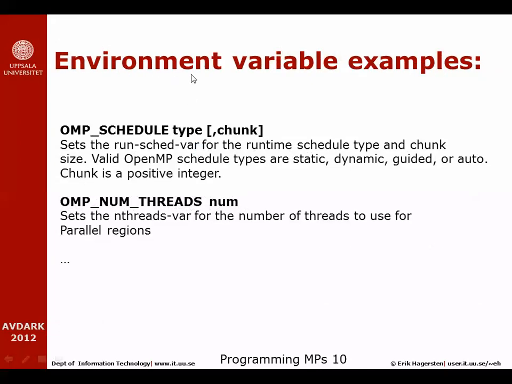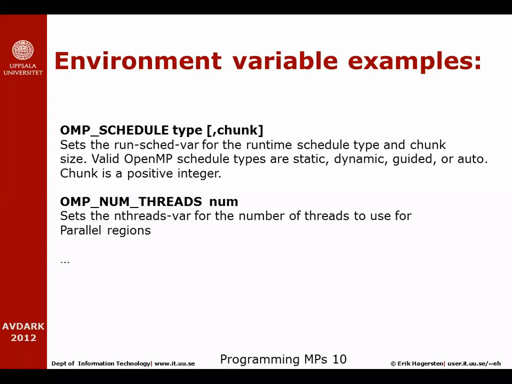There are also some environment variables in OpenMP. So for example, I said that there could be up to n threads created. The exact number of threads that would be created, unless it's specified in the program, is actually controlled by this environment variable. So this is something that you can set in the shell, Linux or Unix shell.